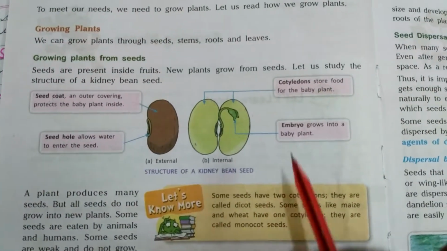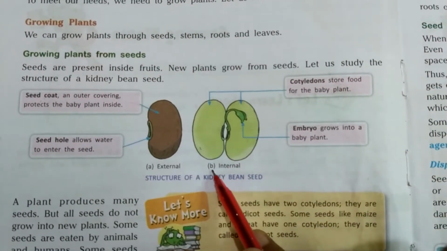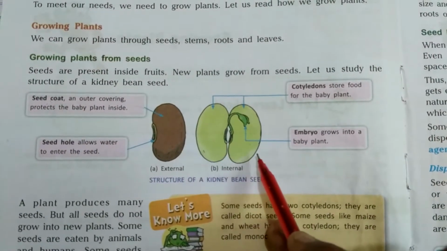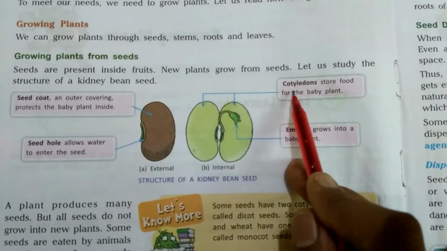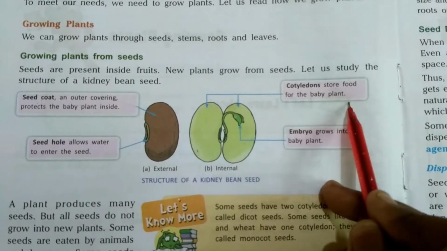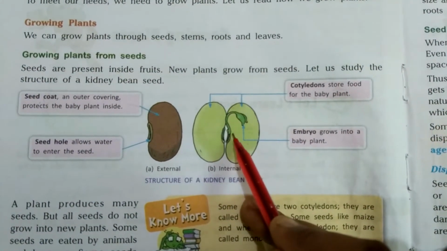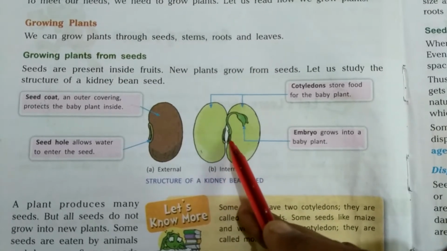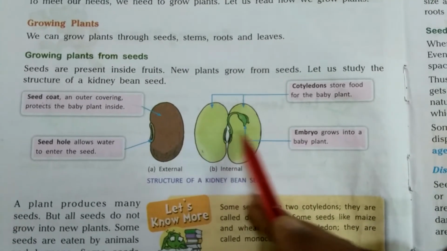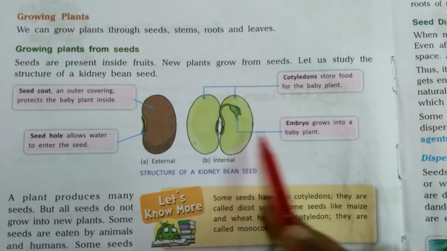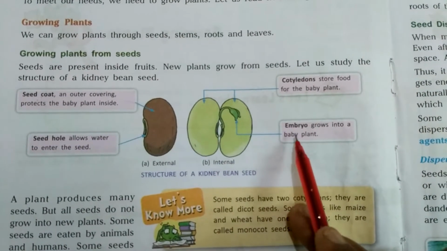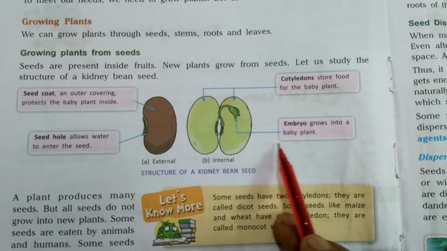The next diagram is the second, B, the internal diagram of this kidney bean seed. This green part is called the cotyledons, which store food for the baby plant. This is the baby plant which is present inside the seed, and it gets its food from these two cotyledons. This baby plant is also known as the embryo. It grows into a baby plant.